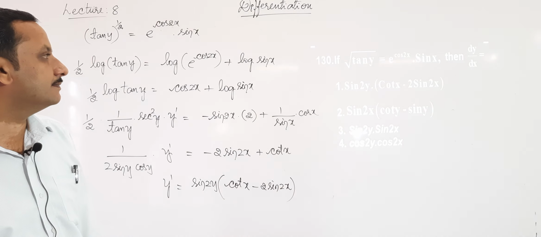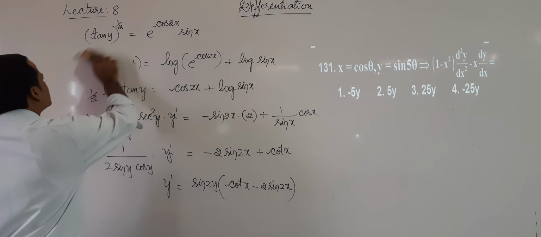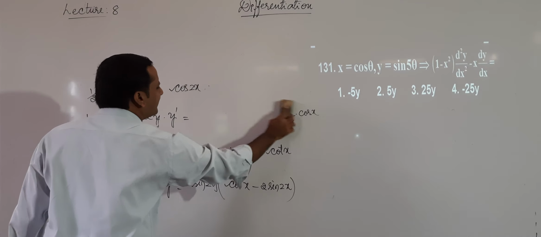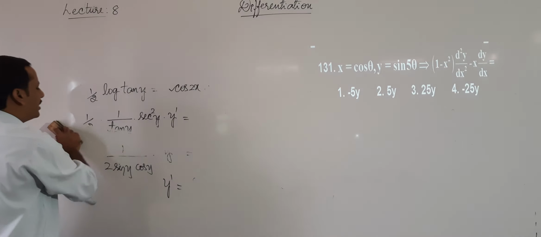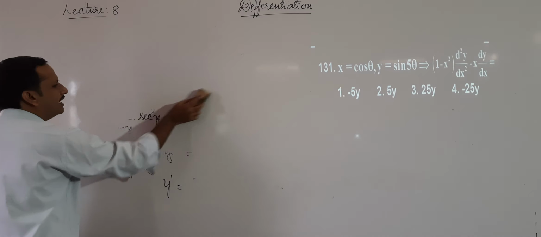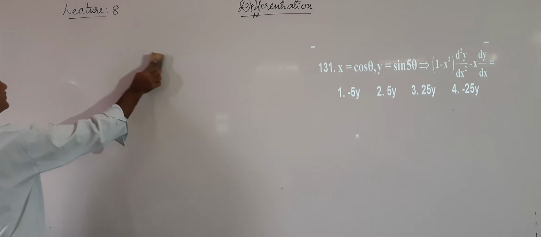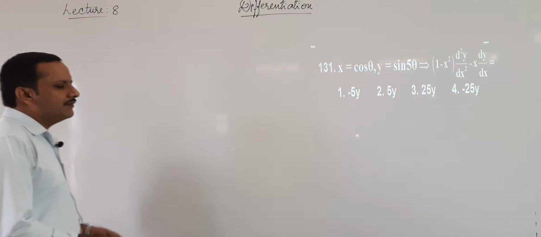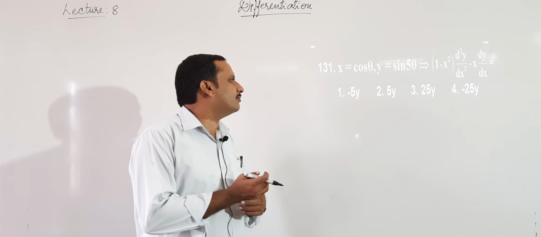Okay, next. Question 131. x is equal to cos theta, y is equal to sin 5 theta. Then (1 minus x square) into d square y by dx square minus x into dy by dx is equal to what? Here, even though the function is expressed in parametric form, you can eliminate theta from these two equations.